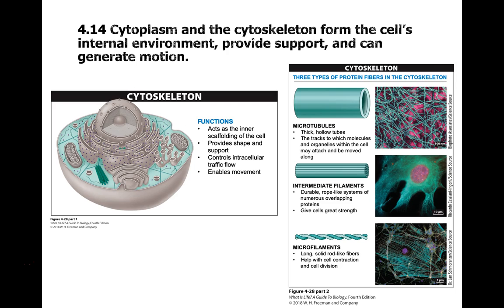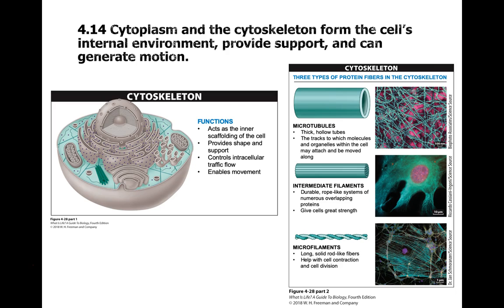Organelles and vesicles and cellular products can move through the cytoplasm, basically along cytoskeleton tracks. So not only does it provide support and shape, but it also acts as sort of a road system or a traffic system within the cell. So the cytoskeleton is made up of 3 different types of fibers, all of which are basically a long hollow tube or rod-like fiber that can be disassembled and moved around.